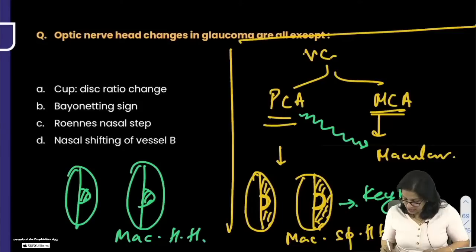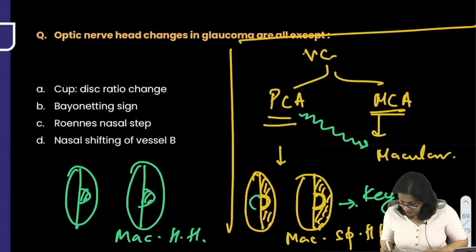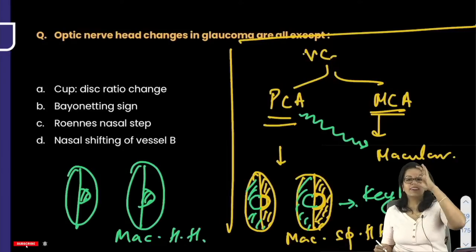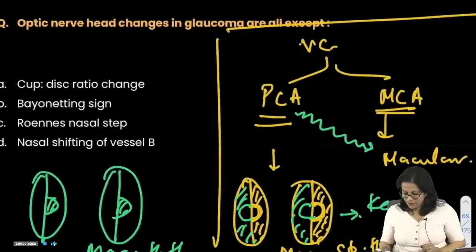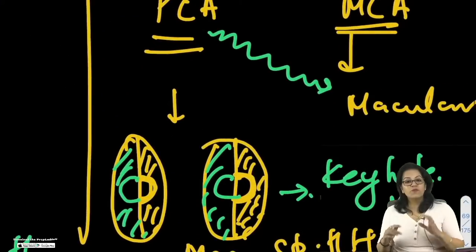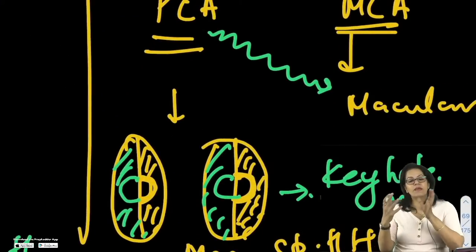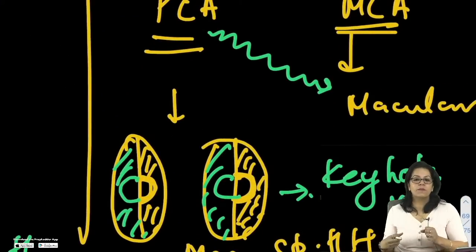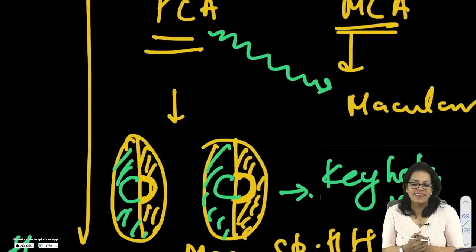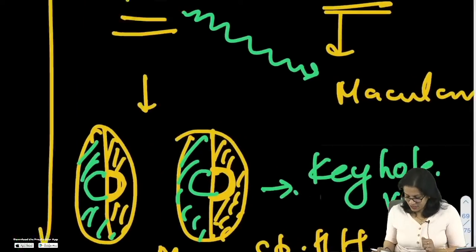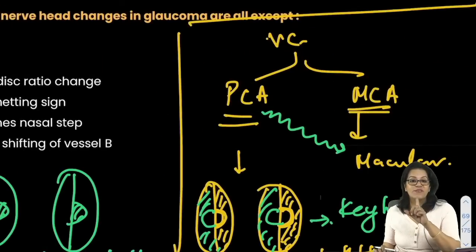If both side PCA is gone, think, on both sides you will get macular sparing homonymous hemianopia. Again, what is now the vision of the patient? The visual field is only like a tunnel vision, and this is what is keyhole vision. So the term keyhole vision is used for both simply macular sparing homonymous hemianopia, or you can say both sided PCA lesion. So this is your keyhole vision, not keyhole visual field defect.